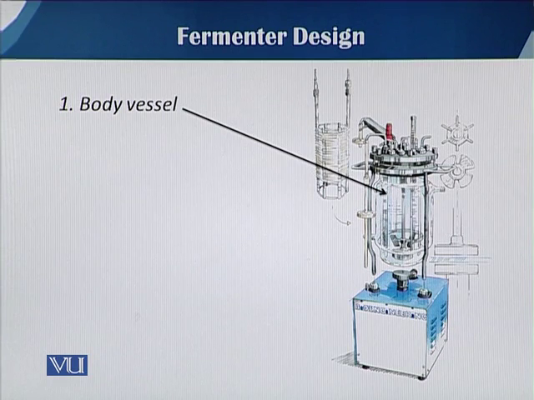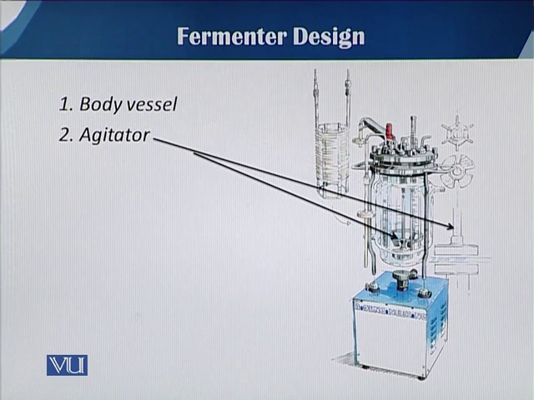The ideal stage is very, very critical in the fermentation process. All kinds of fermenters have a body vessel, either made of glass, stainless steel, or bricks when we talk about biogas digesters. So, the first basic part of a fermenter is the body vessel.